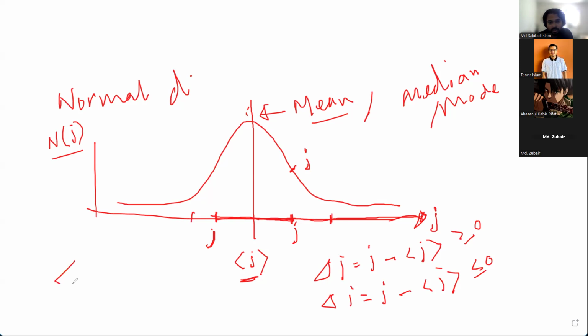If I want to calculate the average of delta j, I have to sum over this distribution, from here to here, this is my distribution plot. I have to sum over all the cases. If I sum this value, this value, any value of j on the right side, it will be positive, and you'll get an equivalent value with a minus sign on the left side.